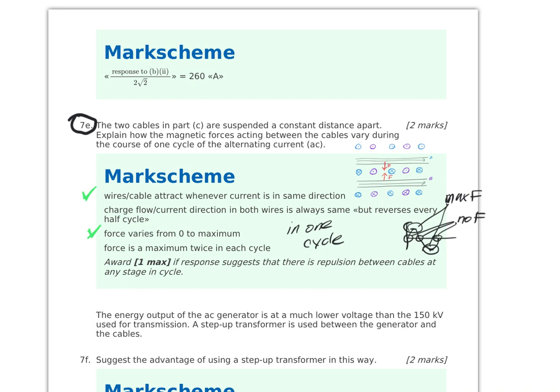And so we're going to have maximum force. That's where it says force is a maximum twice in each cycle, and it's 0 three times per cycle.